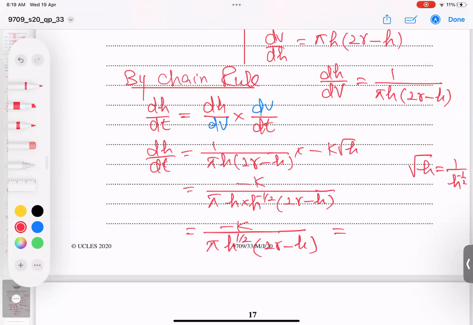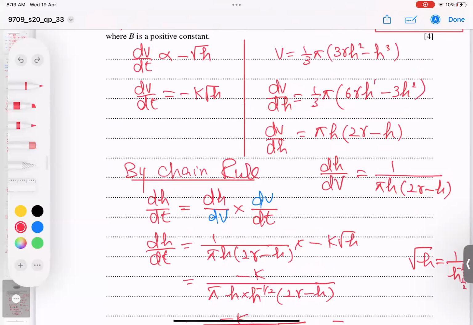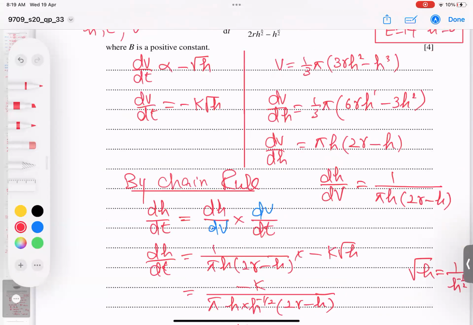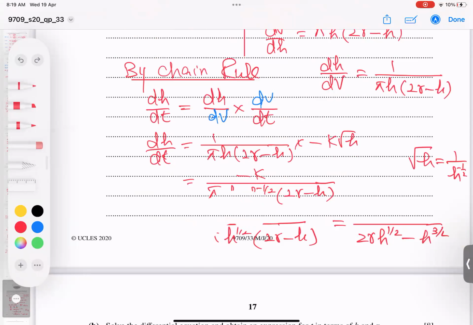Then ultimately I have to bring this multiply. So I would bring h to the half inside and multiply. So I get 2r h to power half, and h to power half plus 1, because this power is 1. 1 plus half, we get 3 by 2. You see, this is matching. But what about this negative k and pi?